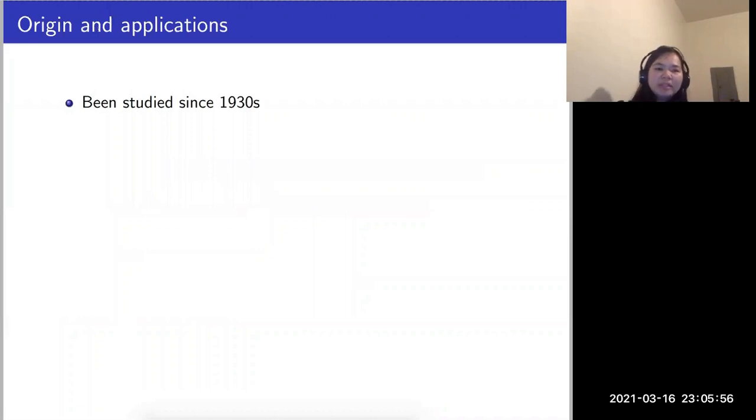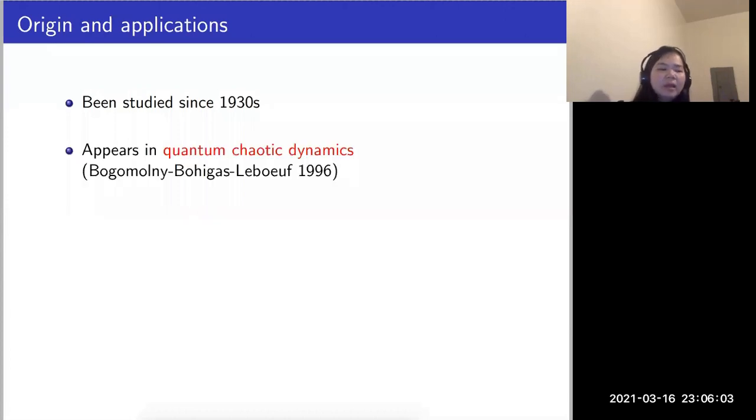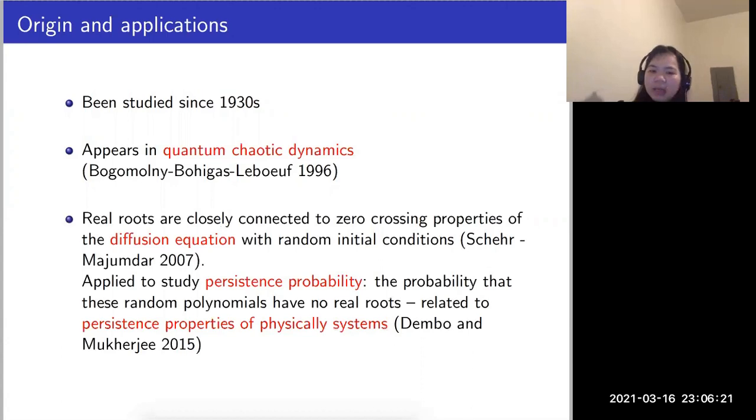Random polynomials have been studied since the 1930s, and people in math and in physics have been interested in studying them. They appear in quantum chaotic dynamics, and it has long been found that the real roots of random polynomials are closely connected to the zero crossing properties of the diffusion equation with random initial conditions, as studied by Schehr and Majumdar in 2007.